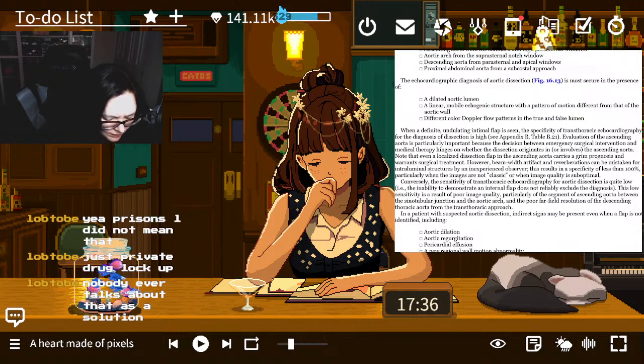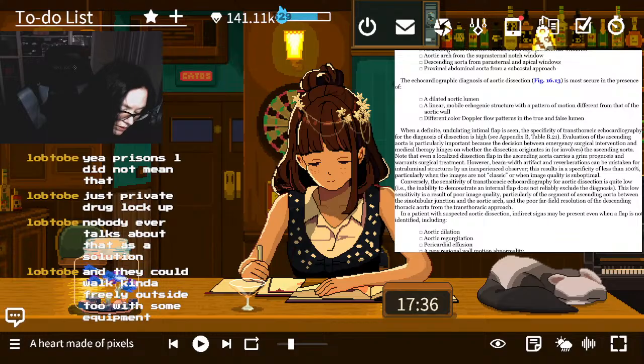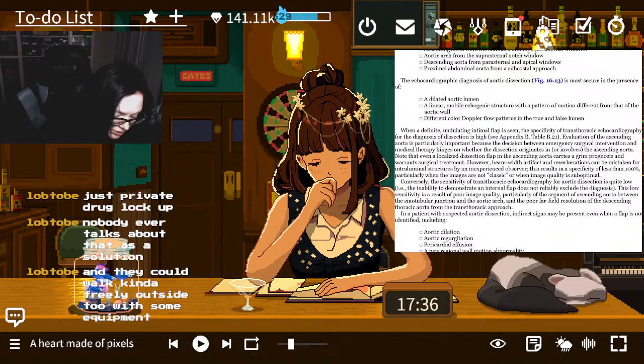Transcatheter bioprosthetic valve, echo densities along the aortic wall from the valve cage would be seen. Okay, so we would still get hyperechoic spots in there. With aortic dissection, aortic regurgitation may be due to an intrinsic anatomic abnormality, such as a bicuspid aortic valve, or may be due to extension of the dissection into the base of the aortic valve.